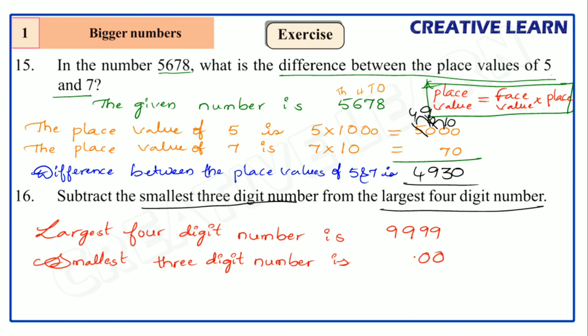In the hundreds place we have to take the smallest digit, so that is 1. It is the smallest 3-digit number. What is the smallest 3-digit number? That is 100. And the largest 4-digit number, 9999. Now do the subtraction.